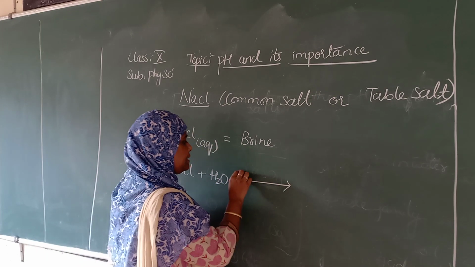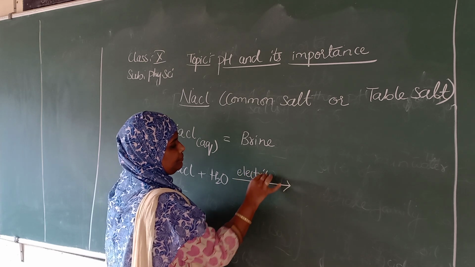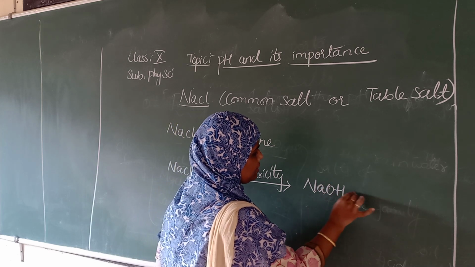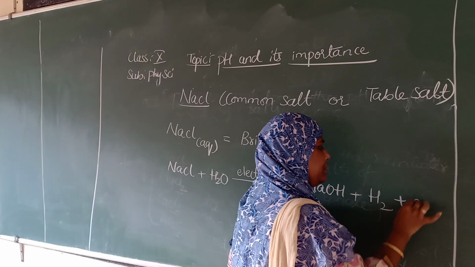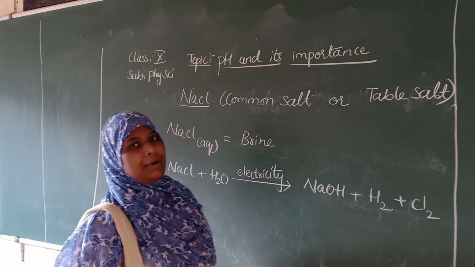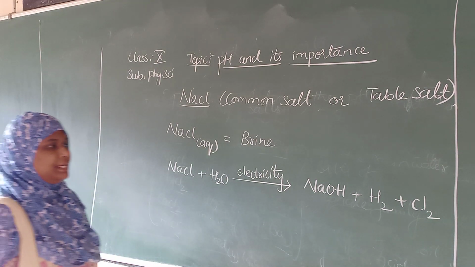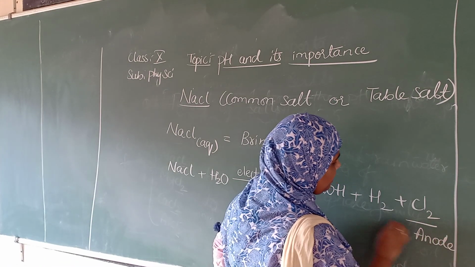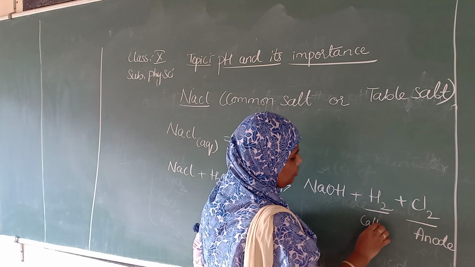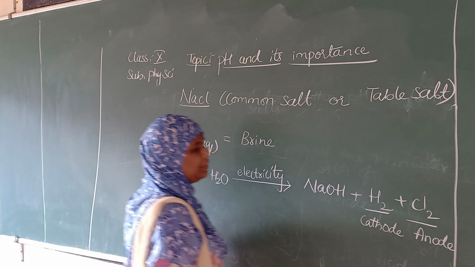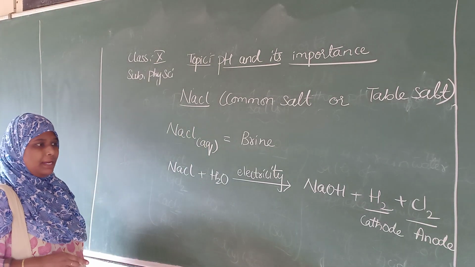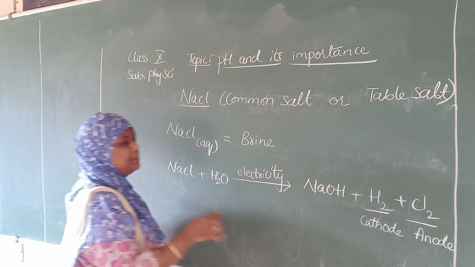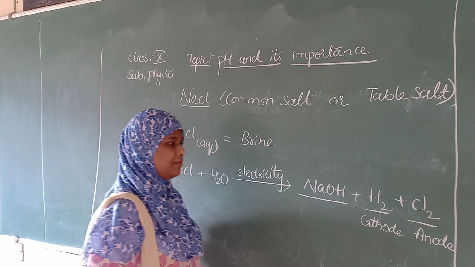Whenever electricity is passed through the brine, we will be getting sodium hydroxide, hydrogen and chlorine as the products. Chlorine is obtained at the anode, hydrogen is obtained at the cathode, and the major product is sodium hydroxide.